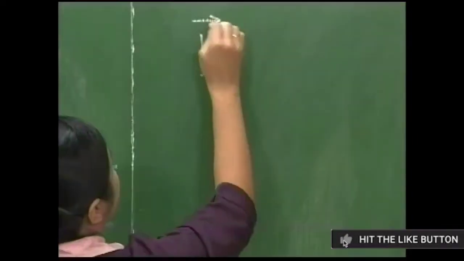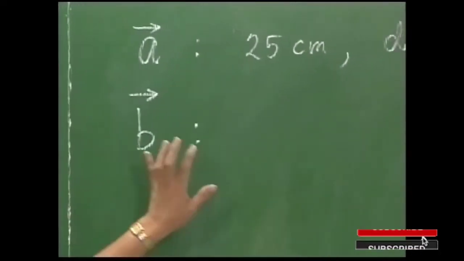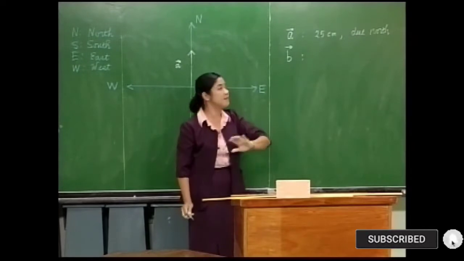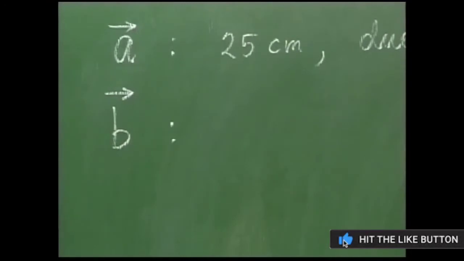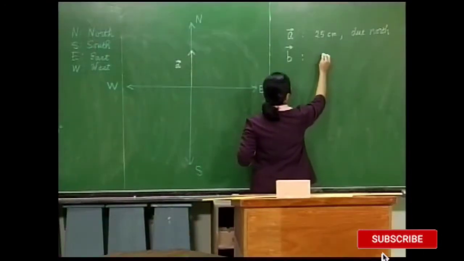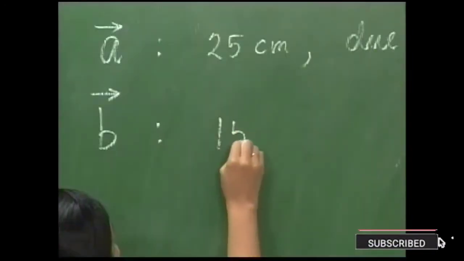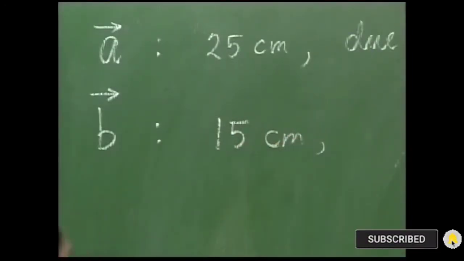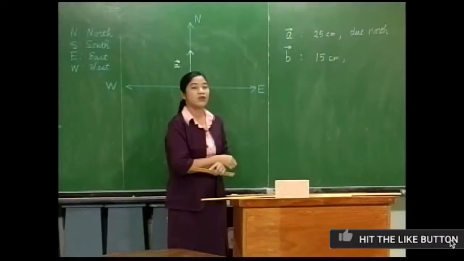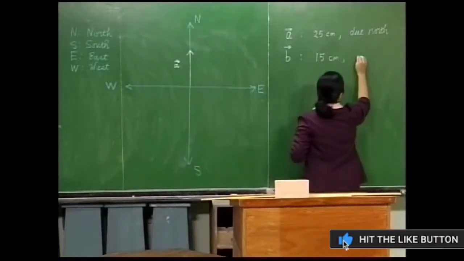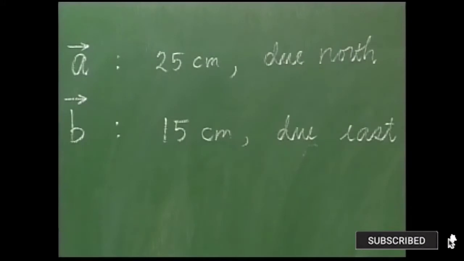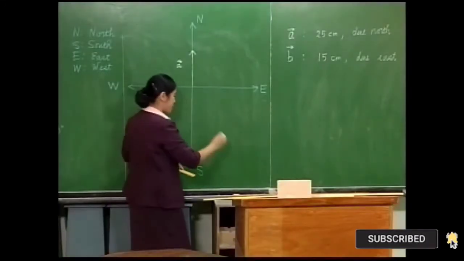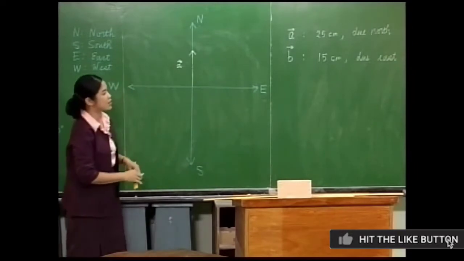Now another example. This time I will talk about, say, a vector B. Note that sometimes I use big letters, sometimes I use small letters. It doesn't matter. What is important is that you do not forget the arrow on top. That is very important. Suppose now I have a vector B, but this is 15 centimeters. And this time I say due east. What would you do? In your activity, you have done this exercise.